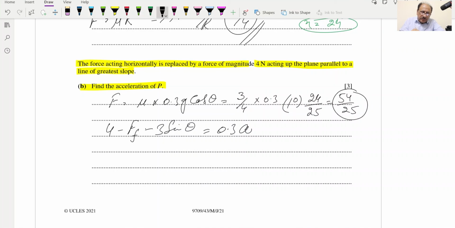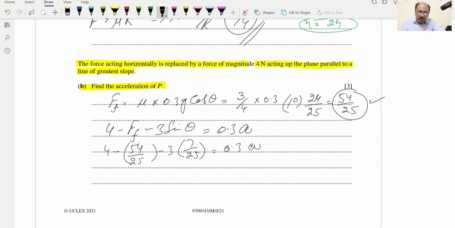The force of friction, which we have calculated, so we'll replace 4 minus 54 by 25, and sine theta we know is 7 over 25, and this is equal to 0.3a.